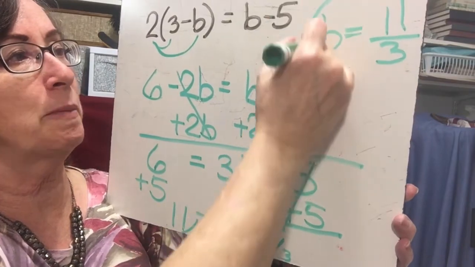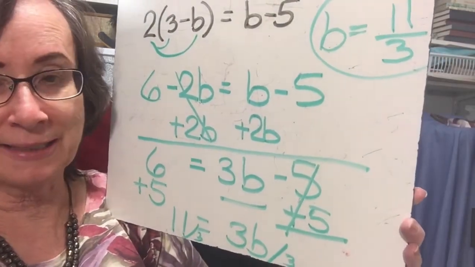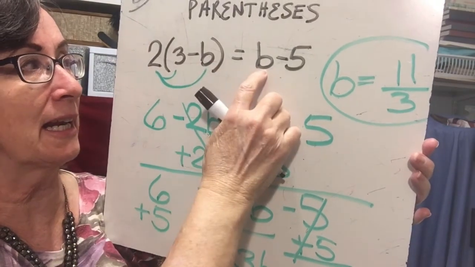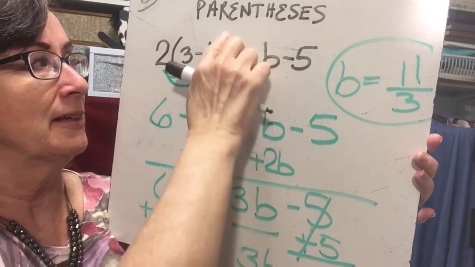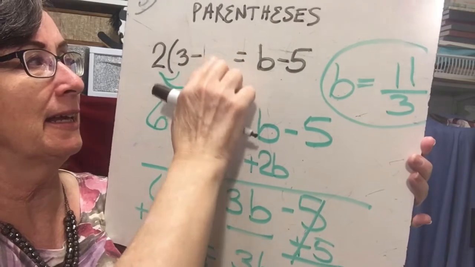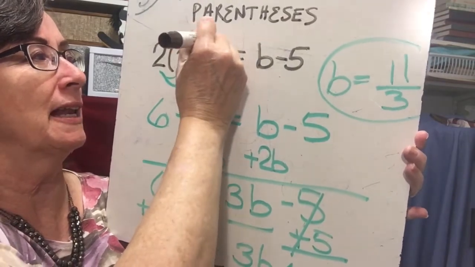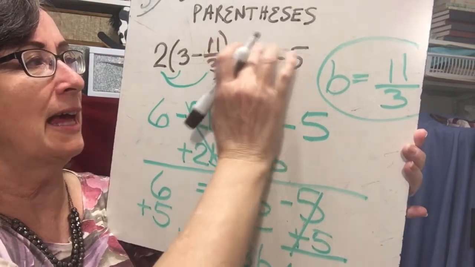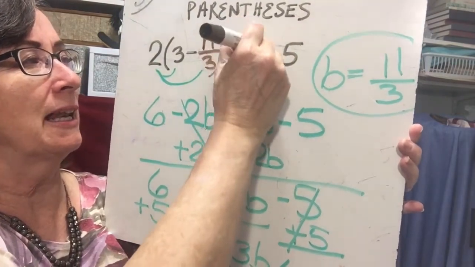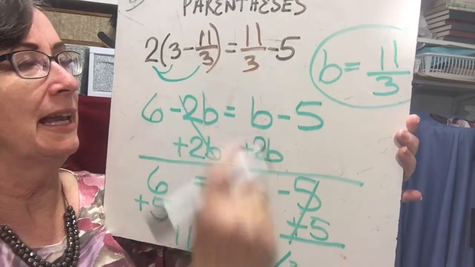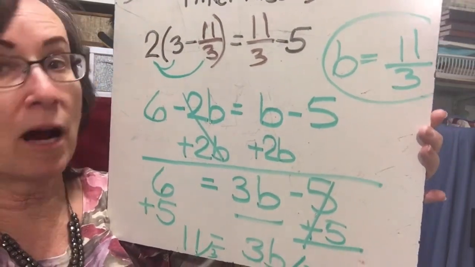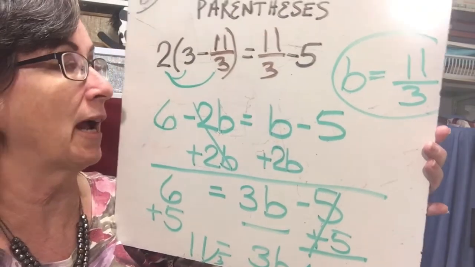Okay, so now let's go back in and check it. To check it, we'll throw 11/3 here and 11/3 here. So I'm just going to erase that and put in 11/3 and erase that and put in 11/3. Now I have a little problem because I don't have common denominators to make the subtraction easy.